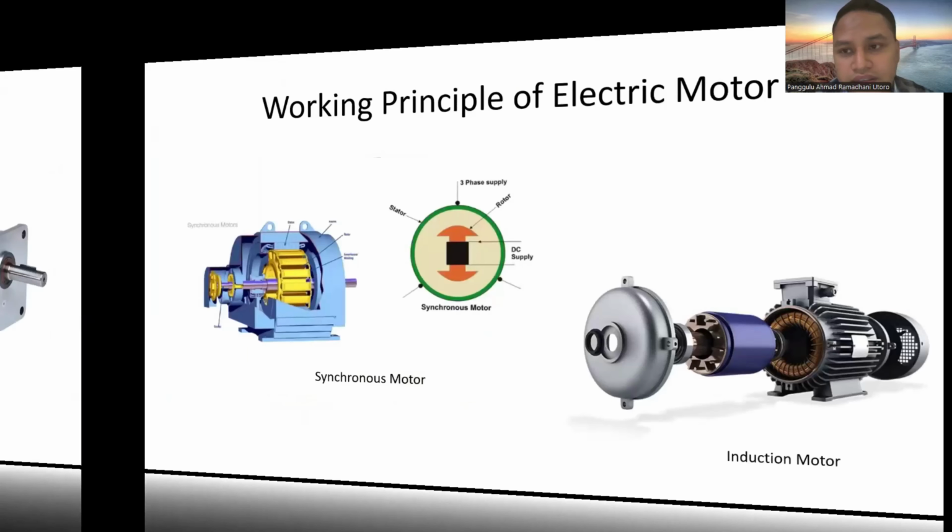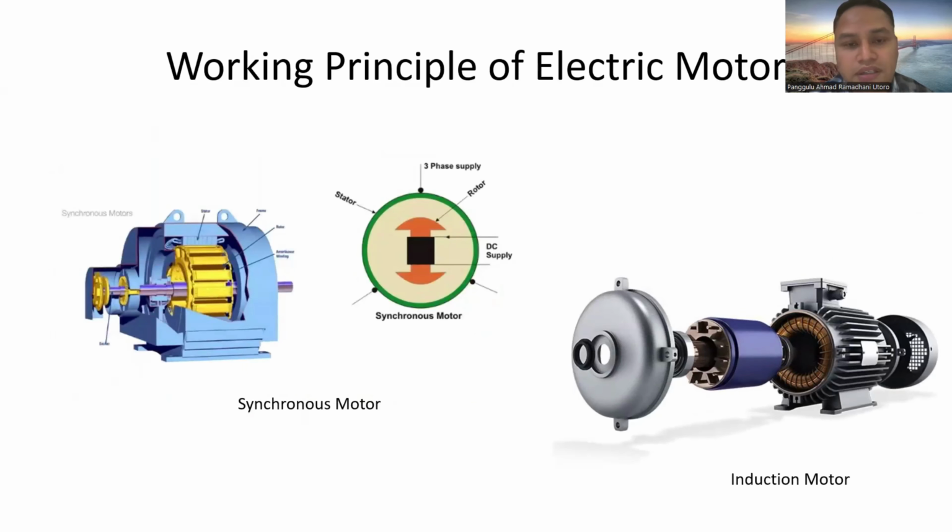And next, as an example of electric motor, in this picture we have two types. The first one is synchronous motor, and the second one is induction motor. Induction motors are more popular and efficient, while synchronous motors are used for precision applications and power factor correction.